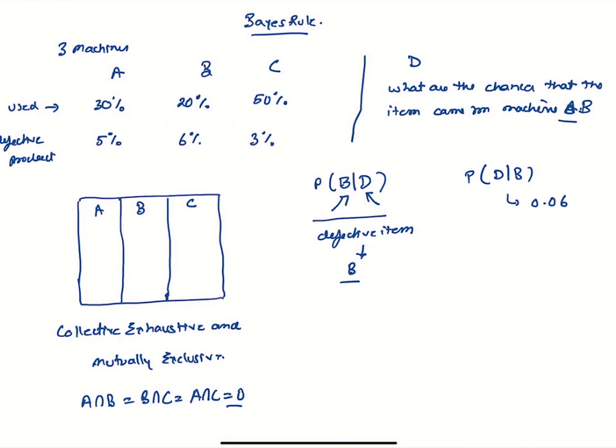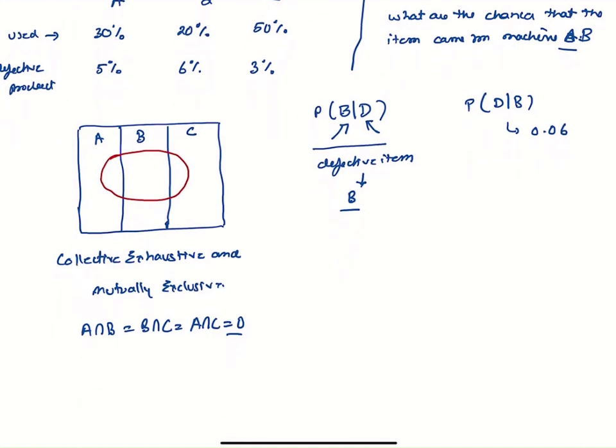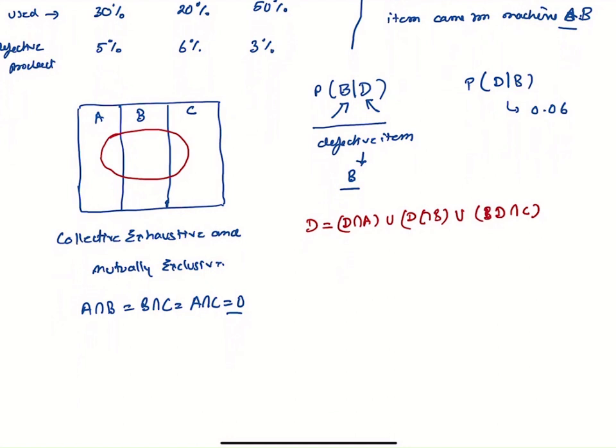Since the sample space is split into three parts, the defective item overlies this entire sample space. So a defective item can be defective and A, or defective and B, or defective and C. These are the intersections of them.